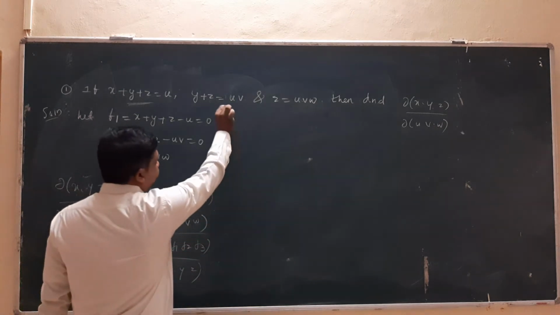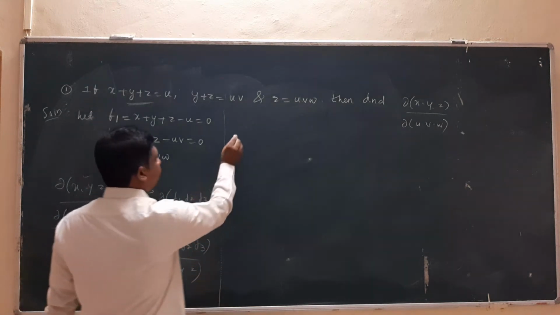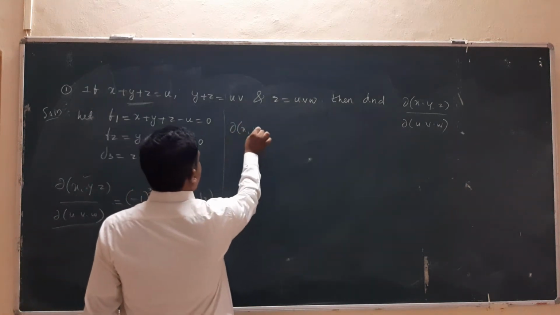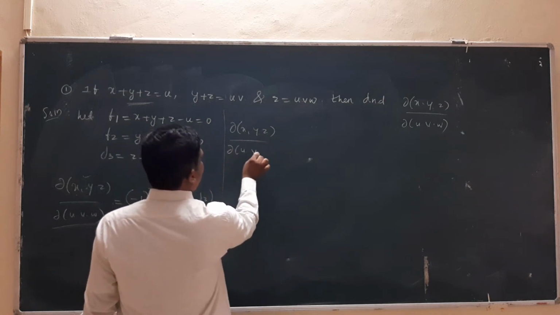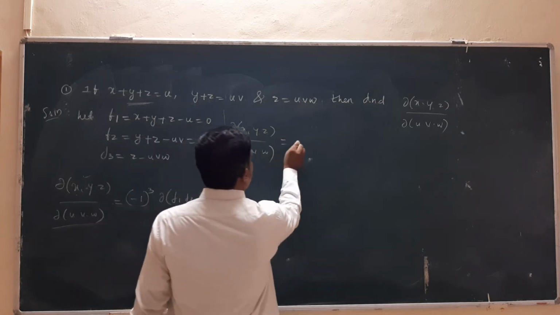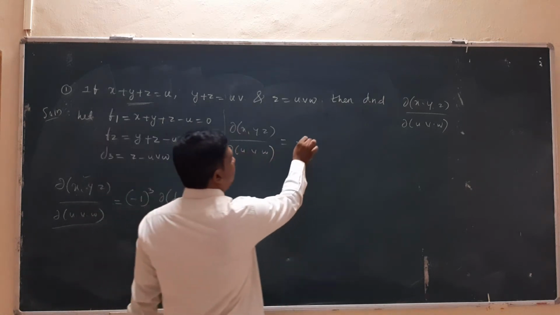So this implies dou of x, y, z upon dou of u, v, w is equal to minus 1 cube, which is nothing but minus 1.